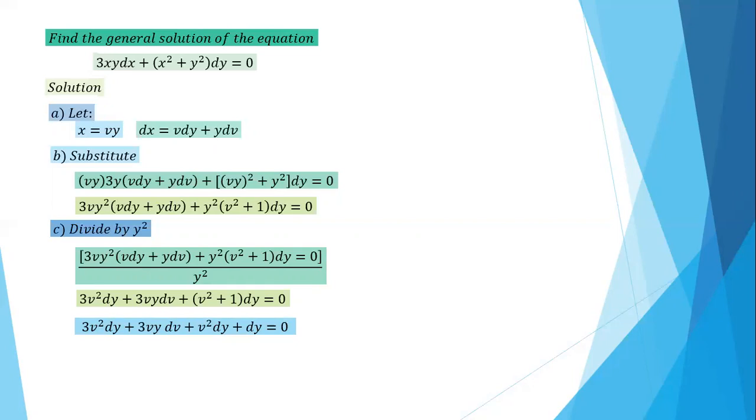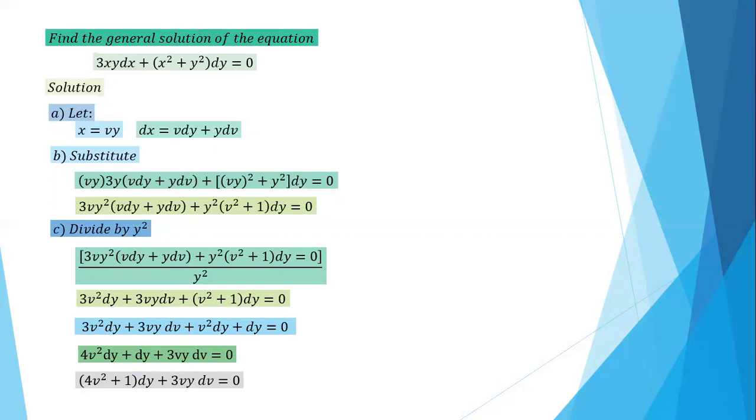We have now 3v squared dy plus 3vy dv plus v squared dy plus dy equals 0. So common, we have 3v squared dy and v squared dy. So adding up, we have now 4v squared dy plus 3vy dv equals 0.